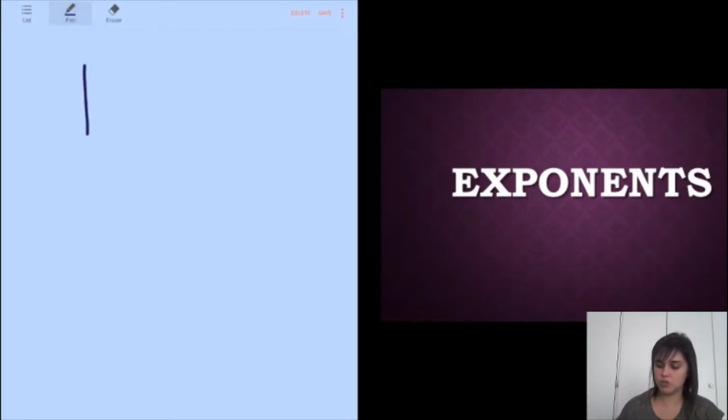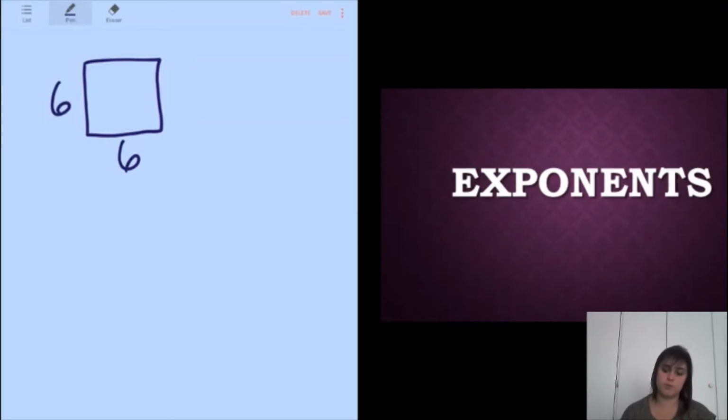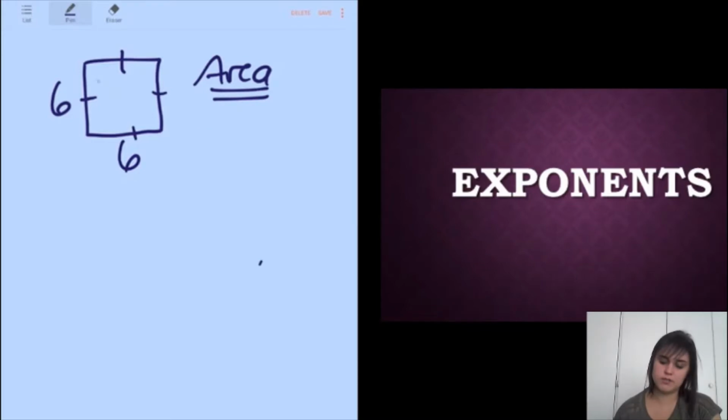Now, if we have a square and we say that each of the sides are 6 units. Remember, it's a square. With a square, all my sides are equal. What do I do to get the area? Area refers to the space inside.